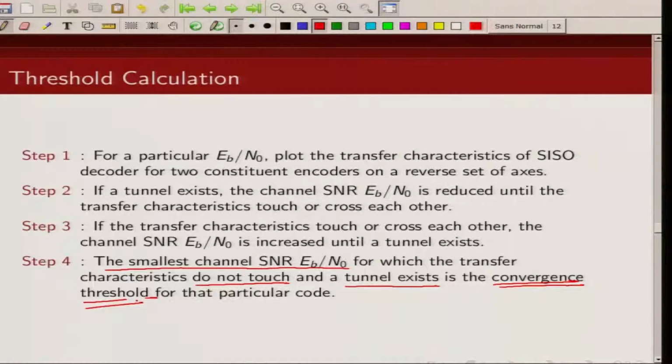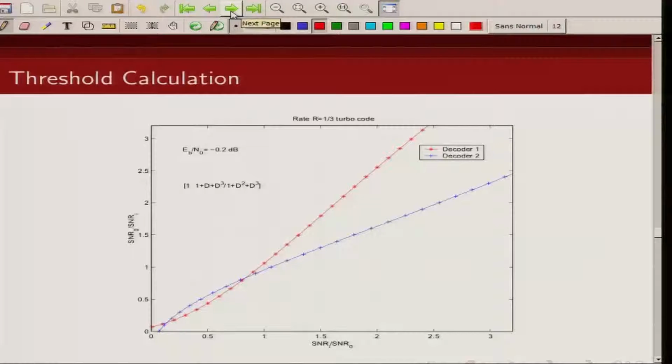That would give the minimum SNR under which that code will converge, and it will have a waterfall kind of behavior if you take a large enough block size.